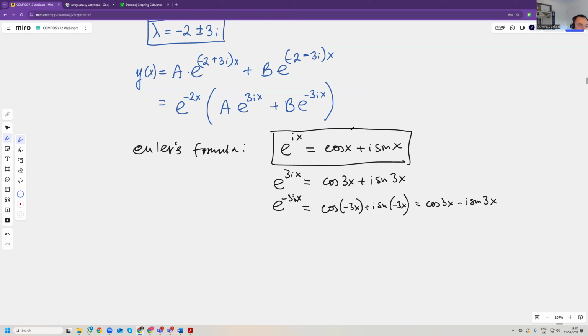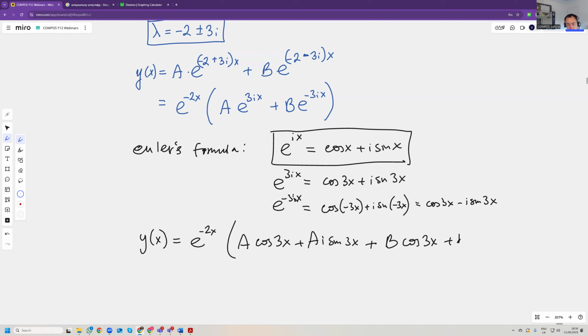And we can sub that in. So therefore, y of x becomes e to the minus 2x, open bracket, a cos 3x plus ai sine 3x plus b cos 3x minus bi sine 3x.